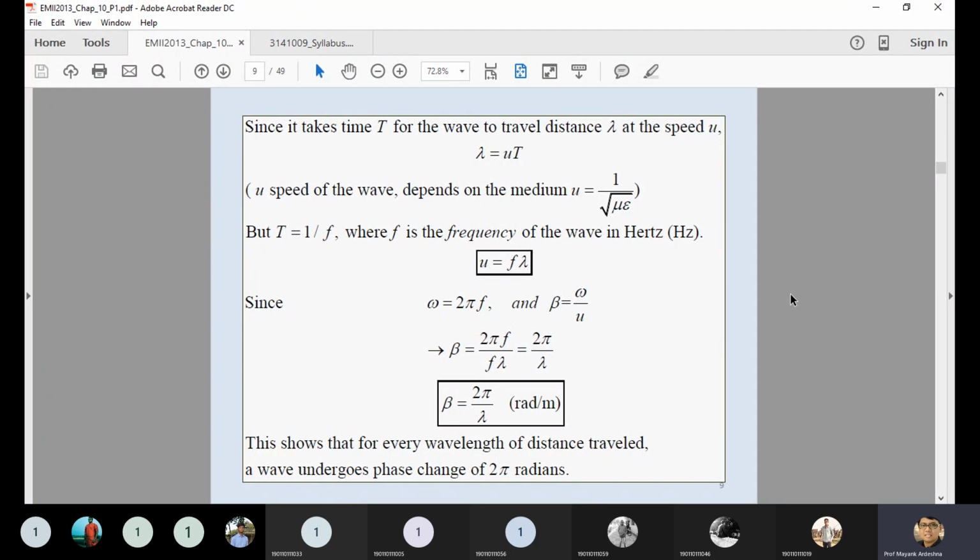So beta depends upon the angular frequency 2 pi f divided by its velocity, denoted u. If I put the values of omega and u, we get beta equal to 2 pi by lambda. So we can also find the phase shift constant this way. It means your signal phase will change slightly whenever the frequency varies. If I put lambda equal to c by f, you can identify the beta values.